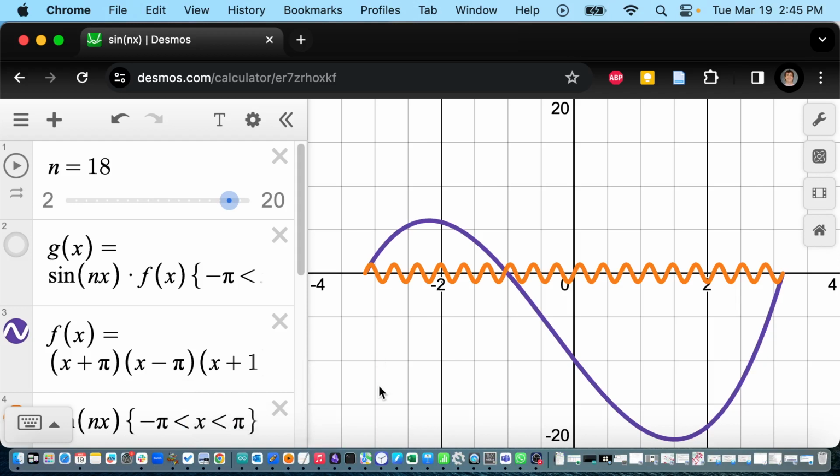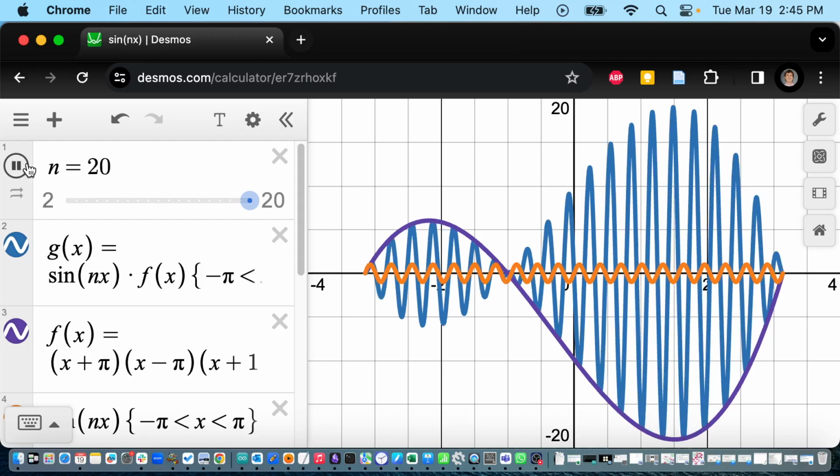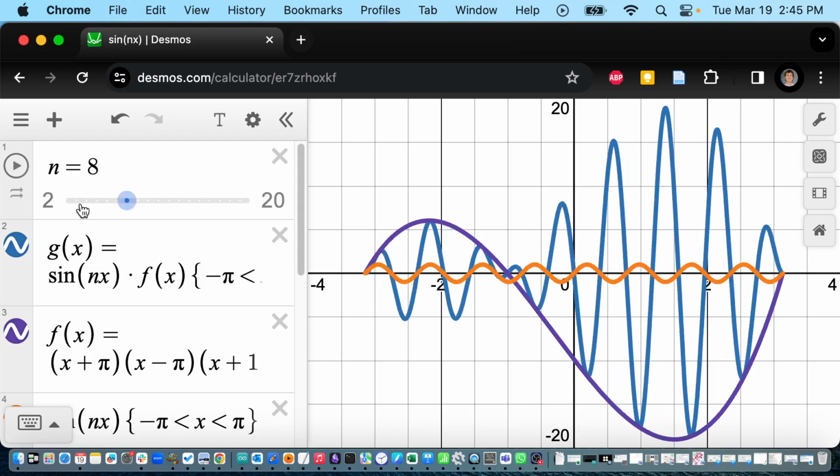Let's see what happens when we multiply them. I called this multiplication G. So here it is. G, the blue function, is the multiplication of the purple function and the orange function. And you can see the squiggles get either big or small, depending on what's going on. As you increase n, if you start with just a few, maybe I'll make this a little bit slower.